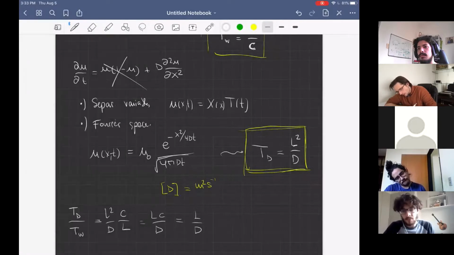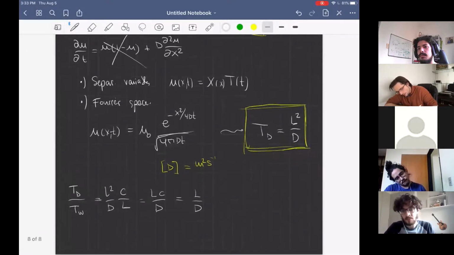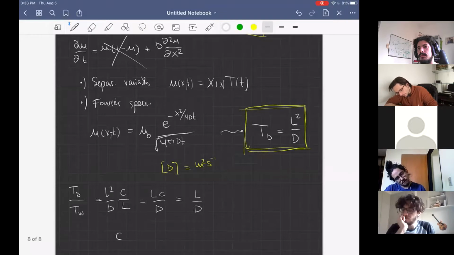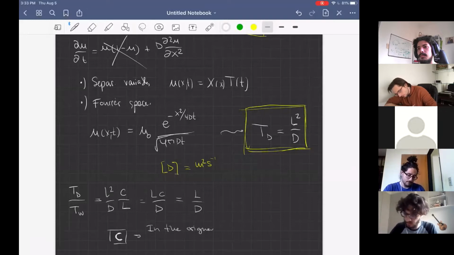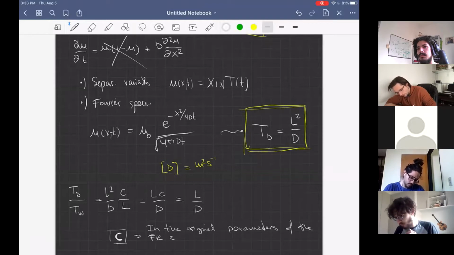And now I have here this velocity that I have to write in the original parameters of the Fisher-Kolmogorov equation.